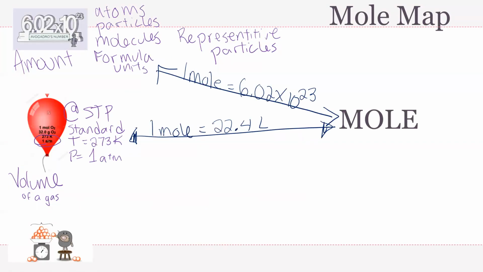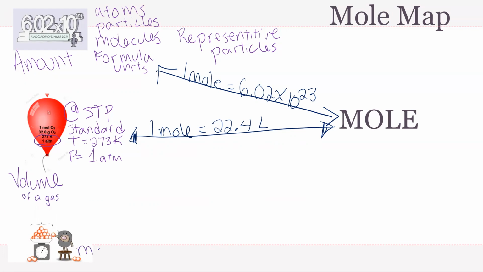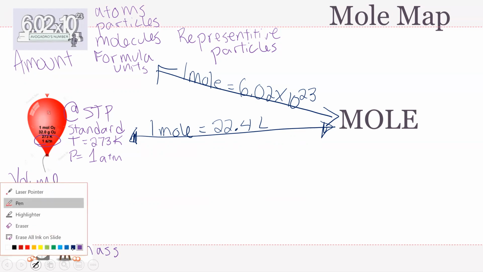The last and maybe more familiar conversion we have is going to be to mass. And this one is going to involve the periodic table.